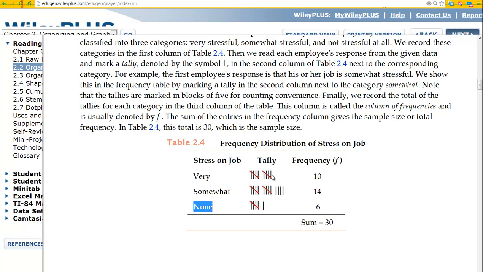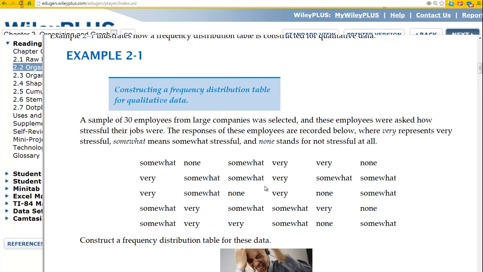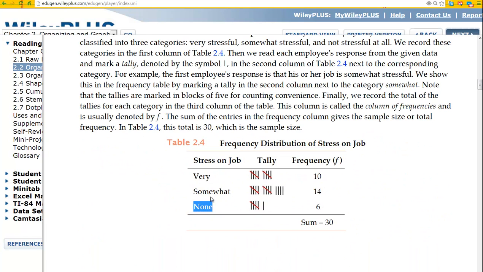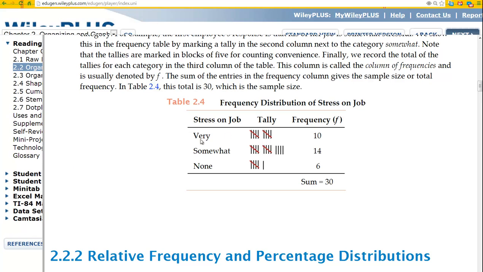We get that there were 10 varies in here. We get that there were 14 somewhats and 6 of these. So the whole picture here is called the frequency distribution of stress on job. Now this column here is called the frequency, but I might be interested in saying, well, it was 10 out of 30, which is what, 33%, right? 1/3, right?